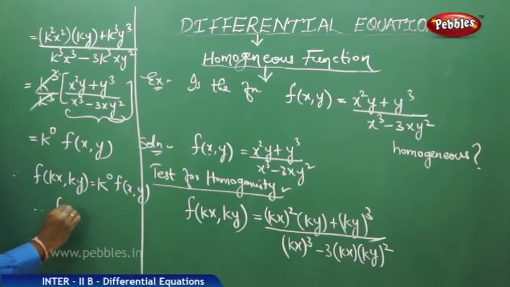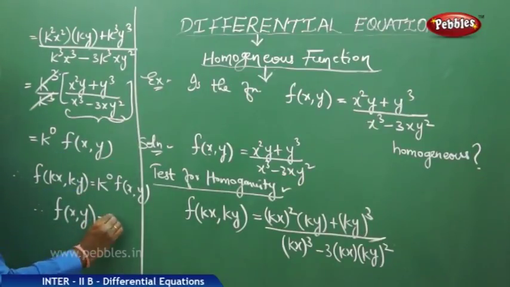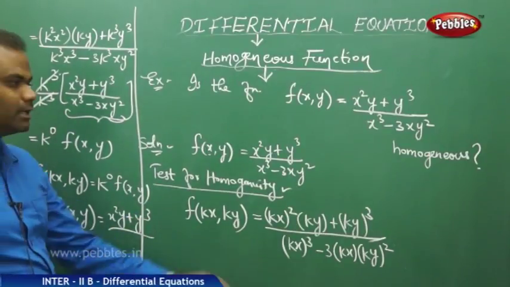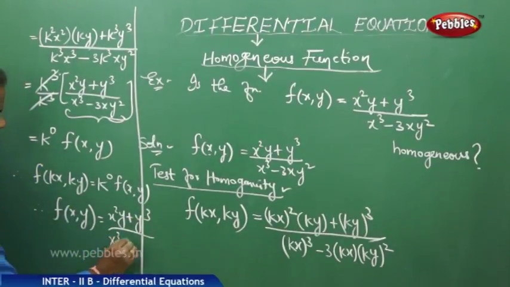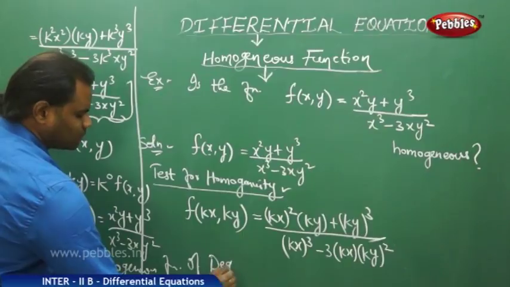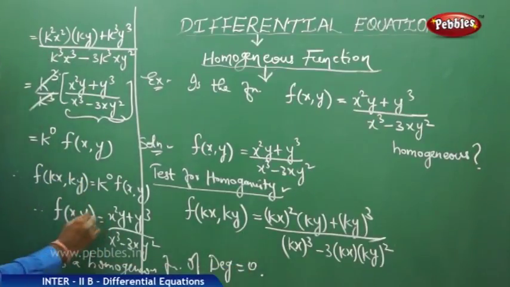Therefore, f of xy given by x square y plus y cube by x cube minus 3xy square is a homogeneous function of degree 0, because it's simply k power 0.